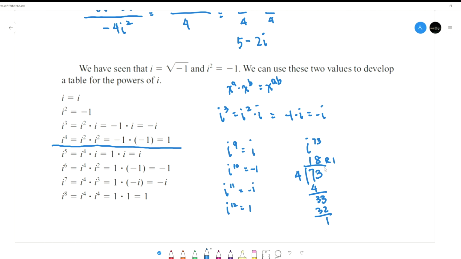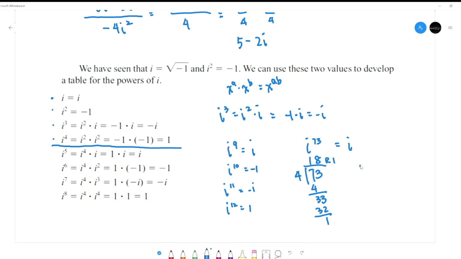Do you all see that? So 73 divided by 4 is 18, remainder 1. That means it goes through this pattern 18 times, and then the remainder tells you how many more to go. So it's the first one. So this is equal to i.